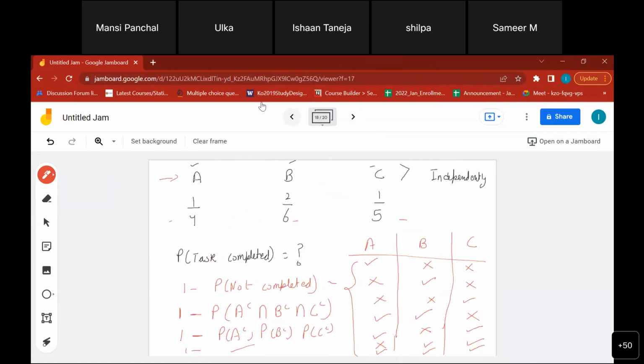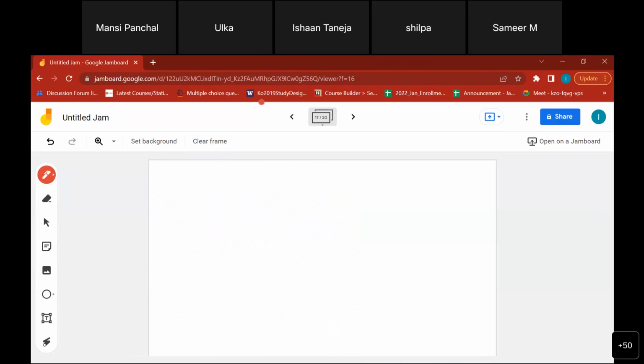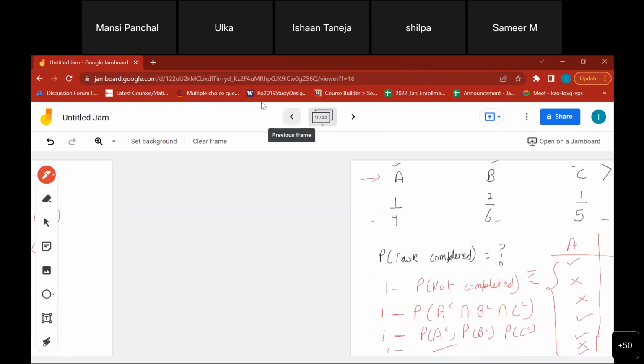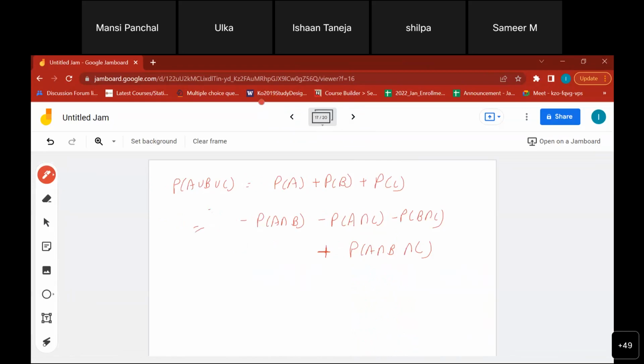A union B union C will also give you the same answer, because A union B union C means either of them completed. But do you know the formula for the union of 3 events? It will be probability of A plus probability of B plus probability of C minus probability of A intersection B minus probability of B intersection C minus probability of A intersection C, plus probability of all the events intersection. Sorry, it will be plus. This formula was not covered in the lecture, so if you know it, you can use it, but the other approach works too.